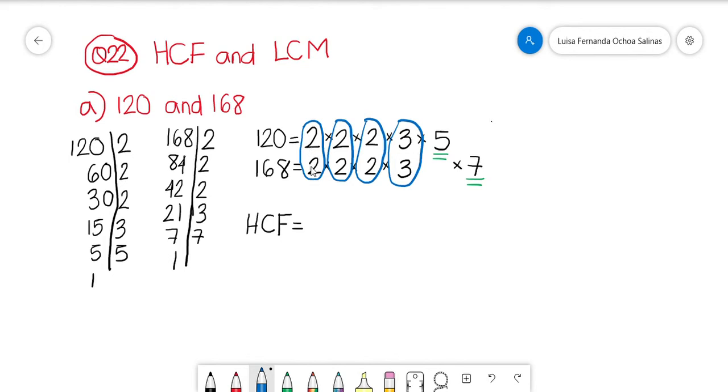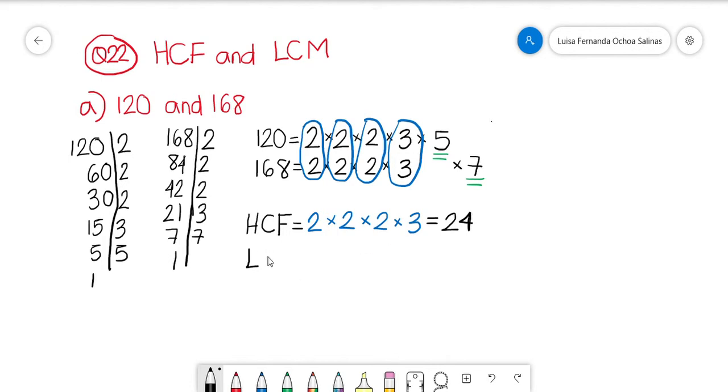Notice that I'm not going to write each pair twice, only once. So 2 times 2 times 2 times 3. 2 times 2 is 4, times 2 is 8, times 3 is equal to 24. Well done. That's my highest common factor, and that's my first answer.